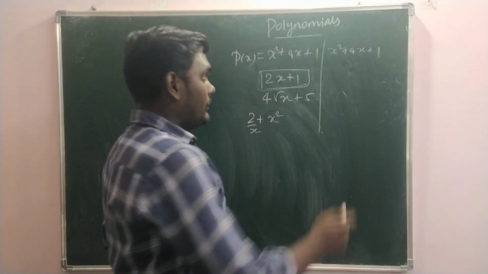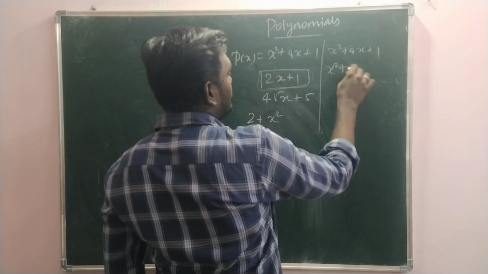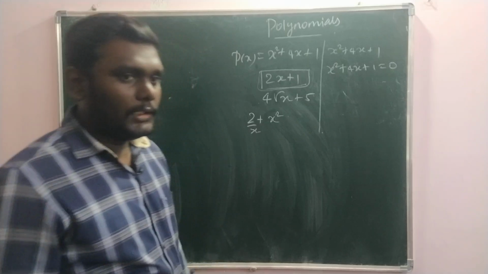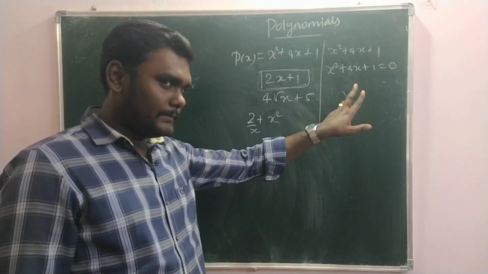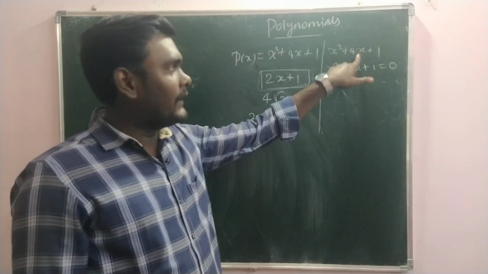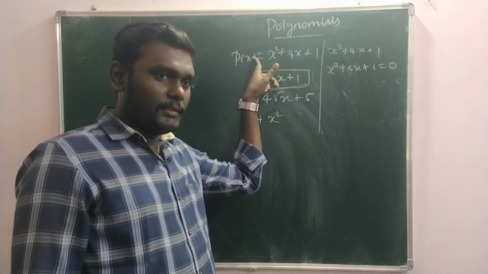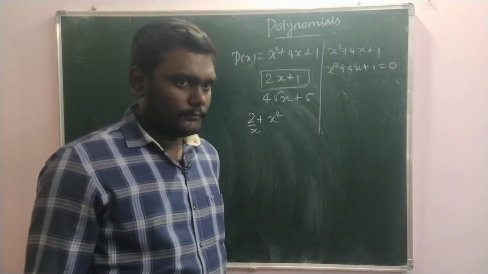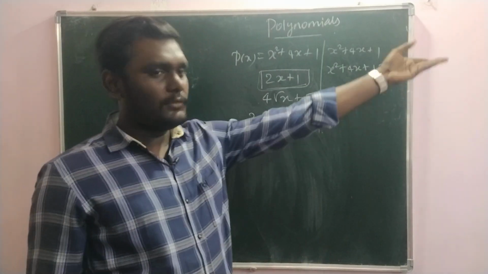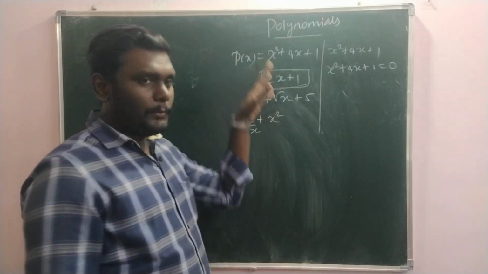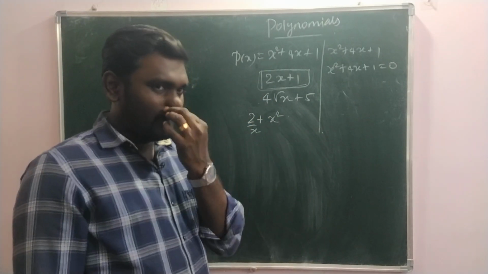And then you write it like equal to 0, then it is called as quadratic equation. So this is expression. When you name it, it becomes polynomial. When you equate to the 0, it becomes equation. That's it. Not only 0, you can equate to some other things also. Not a problem.